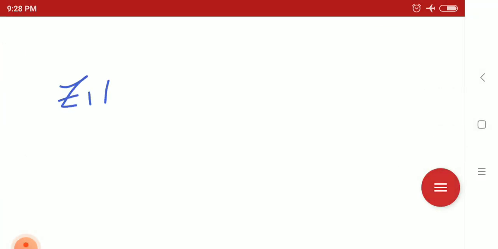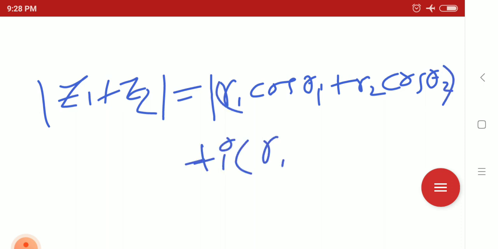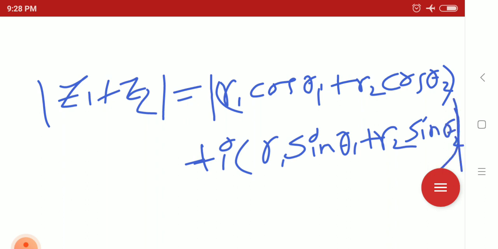Whenever we are writing z1 + z2, after putting z1 = r1 e^(iθ1) and z2 = r2 e^(iθ2), now if you break e^(iθ) = cos θ + i sin θ, after doing that calculation the part that will remain is r1 cos θ1 + r2 cos θ2 plus i times (r1 sin θ1 + r2 sin θ2).